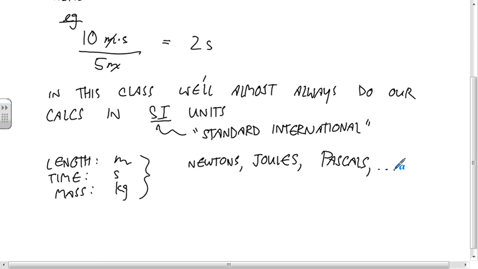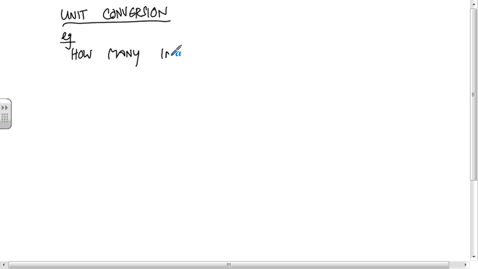Okay, so to do the conversion into SI units, for example, how many inches are there in 3.5 feet?